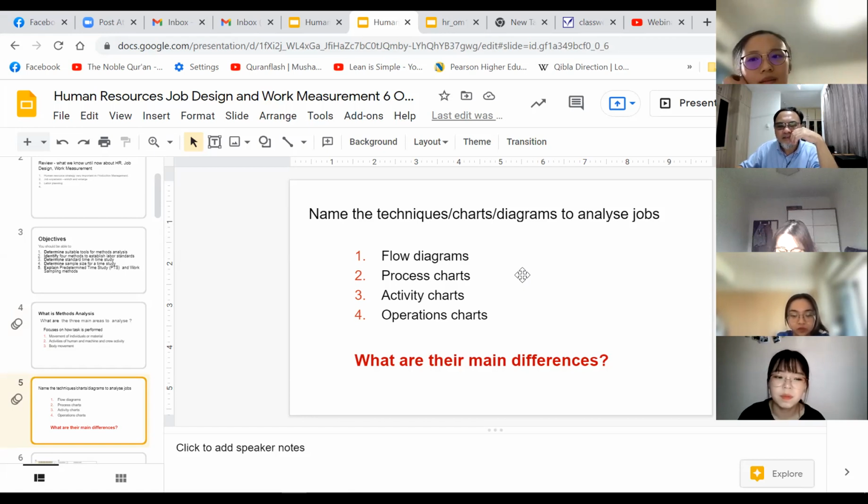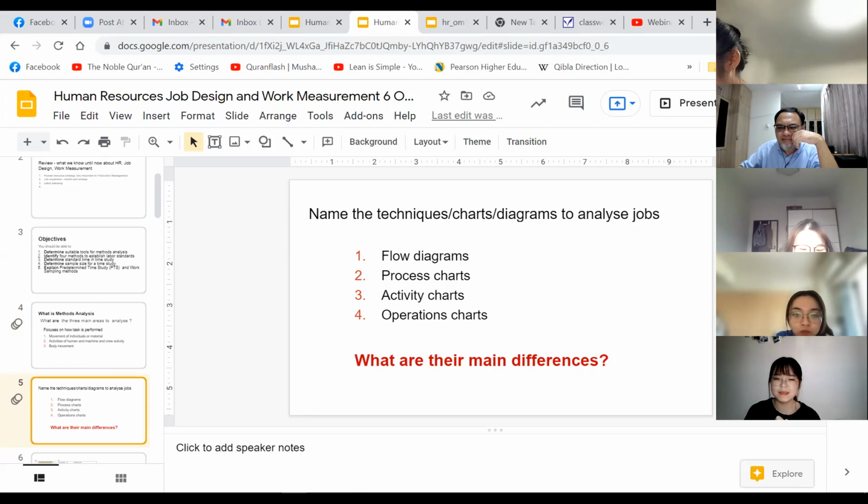I think process charts maybe. Process charts. Do you agree? Anyone agree? Yes. Okay. So other than process charts, you can also use flow diagrams.